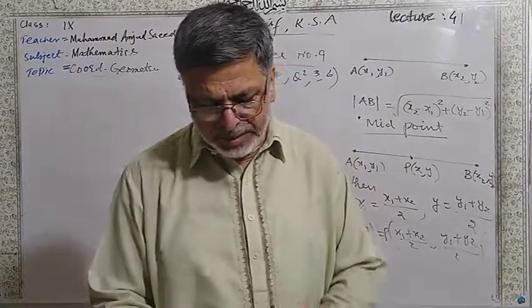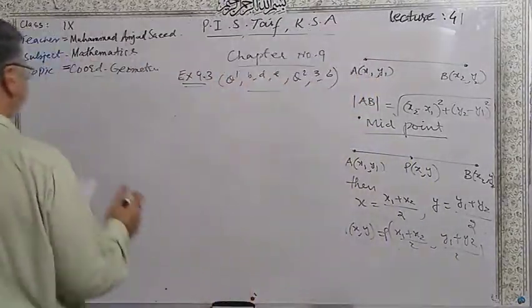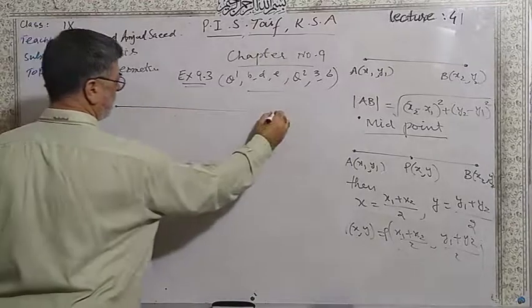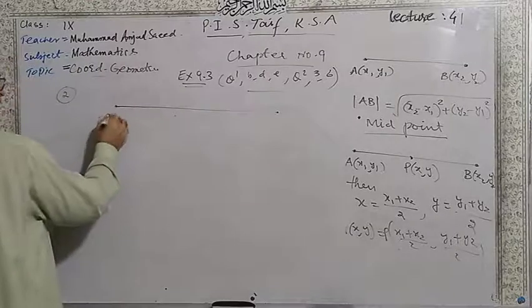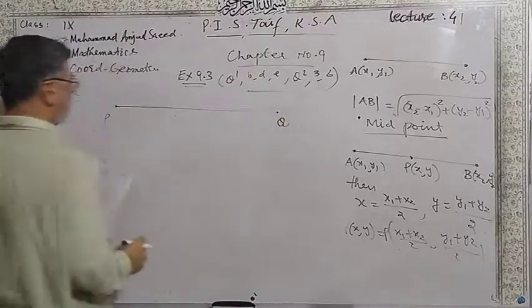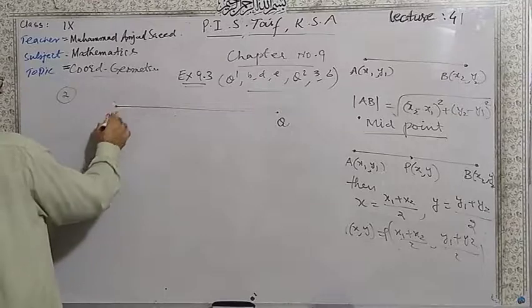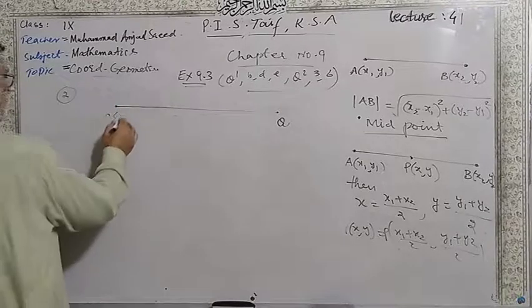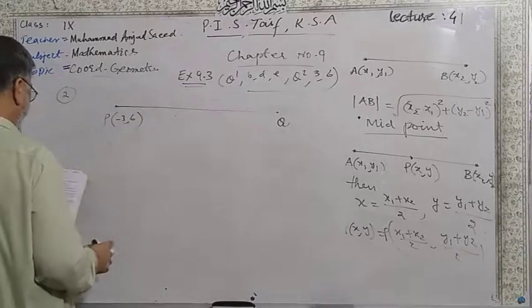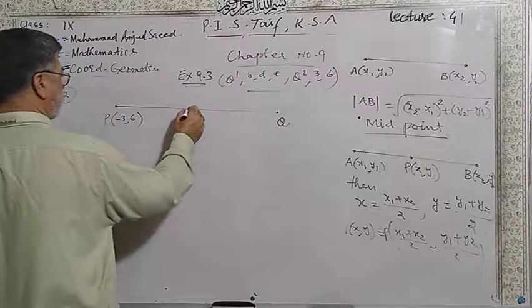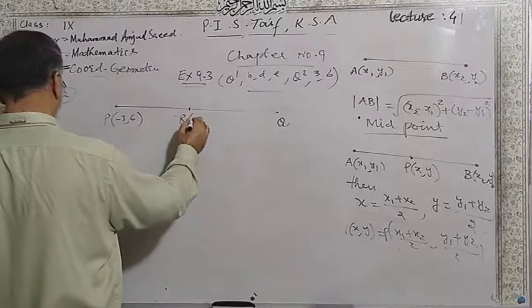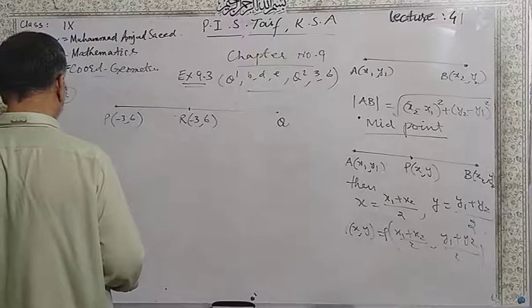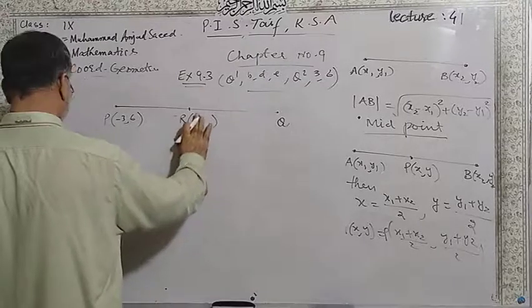The end point P of a line segment PQ is (minus 3, 6), and the midpoint, suppose it is R, is, no, this is not (minus 3, 6).